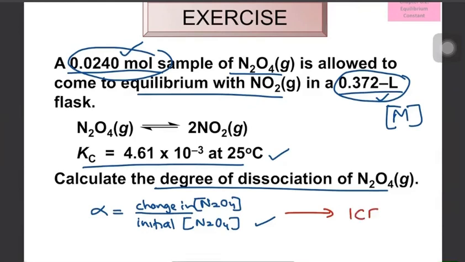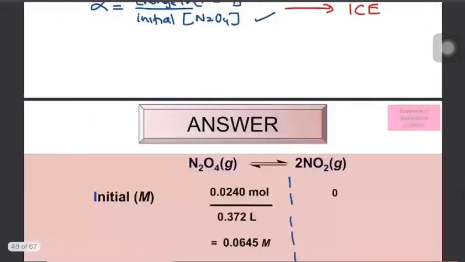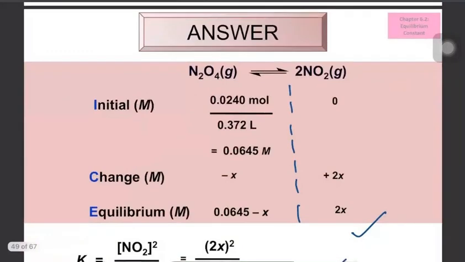Without your ICE table, most of the time you cannot calculate it, unless other information is given. So do your ICE table. Make sure to have concentration. Calculate the initial concentration and you need your X value.